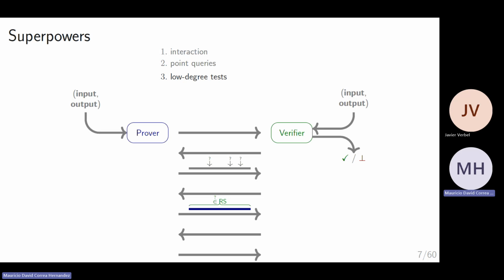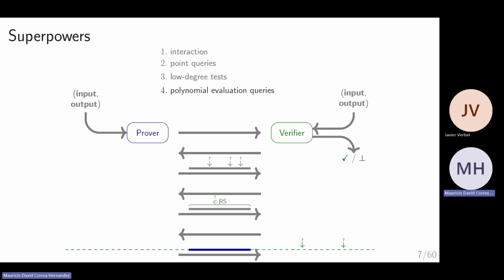That domain is obviously going to be a lot larger than the degree bound. And so it has a unique answer. And in order to compute that unique answer, the verifier would have to read every element of this vector, but we're giving him a superpower so he can test it just like that. Low-degree tests are pretty powerful because they synthesize information that's spread out across this entire vector into one bit.